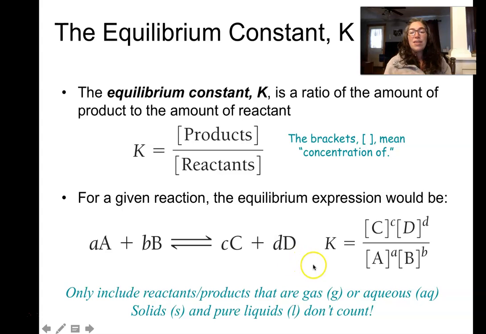Then the formula to calculate the equilibrium constant would be the concentration of C to the c power times the concentration of D to the d power, over the concentration of A to whatever coefficient it has, times the concentration of B to its coefficient. So this is the basic setup. This is how we would set up an equilibrium constant expression, is what we call this.